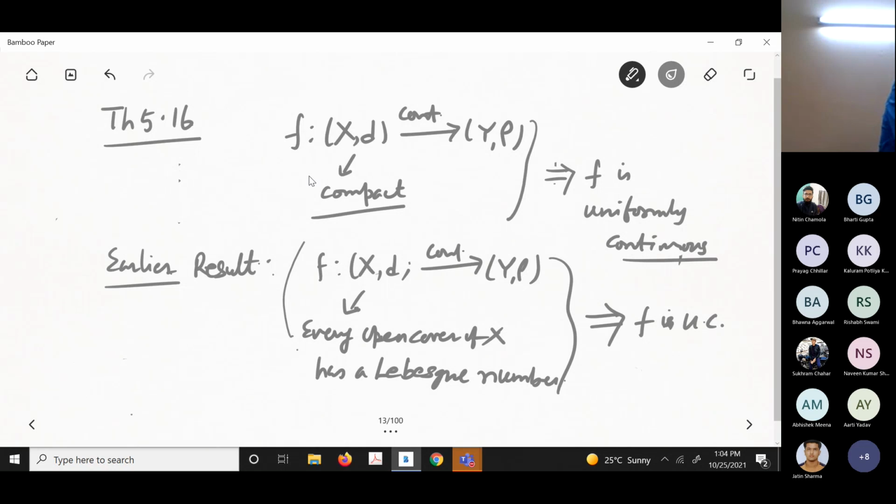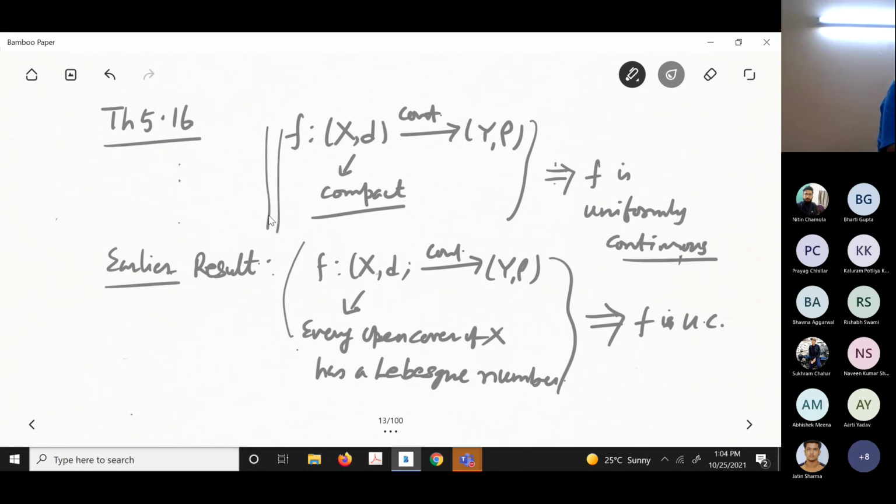Often it is asked in some exams, so that's why I've said that. It is better to have a direct proof of theorem 5.16 without going to the Lebesgue number. For exams, including competitive ones such as UGC-NET, use the following proof. Now you should read this yourself.